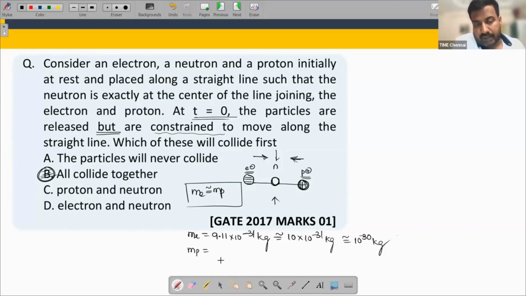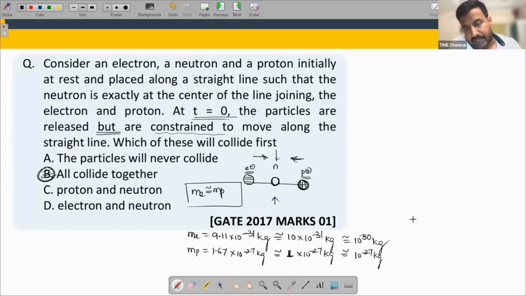We know proton is a heavier object. 1.67 into 10 power minus 27 kg, approximately 10 power minus 27 kg. So 10 power minus 27 is 1000 times 10 power minus 30.